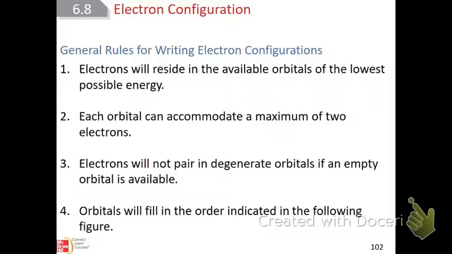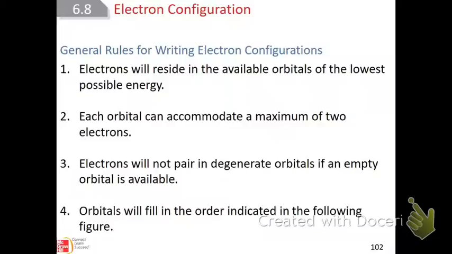Here they are. Electrons are going to fill those lowest possible energy levels first. That's the Aufbau principle. Each orbital can hold at most 2 electrons, and they're going to have opposite spins. That's the Pauli exclusion principle. Okay? And those electrons are not going to pair up in the same orbital if there are empty orbitals available.